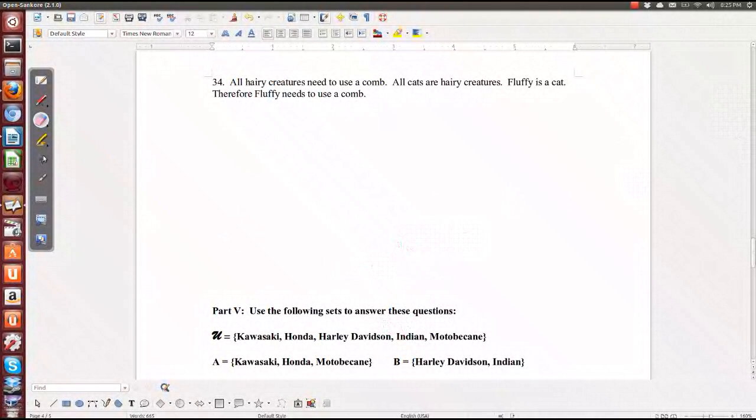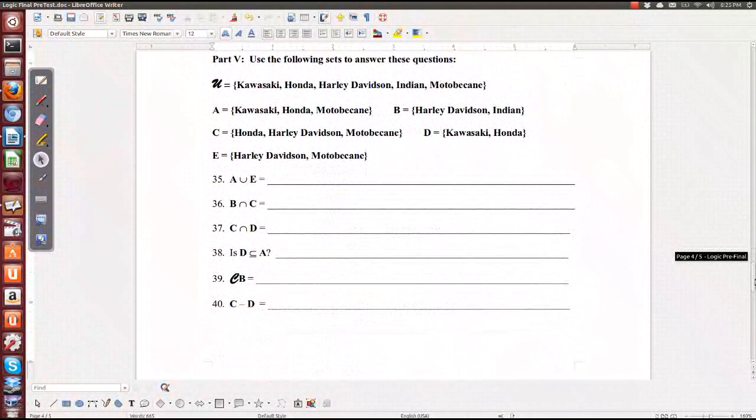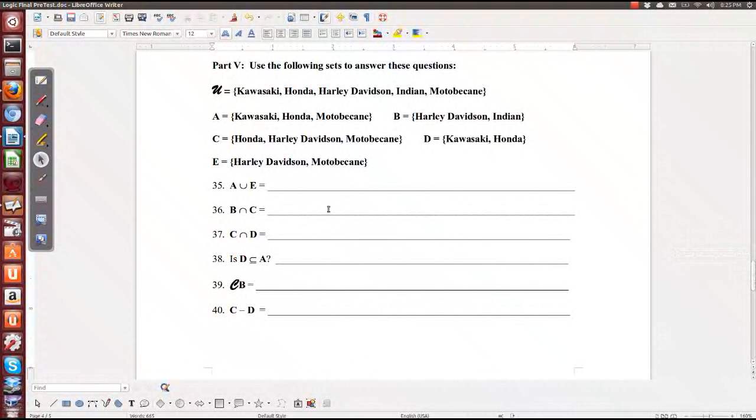So now I want to deal a little bit more with the sets that we've talked about most recently. I've got a universal set that includes Kawasaki, Honda, Harley Davidson, Indian, and Motobakan. I've got several sets here, and I need to figure out what the operations are.